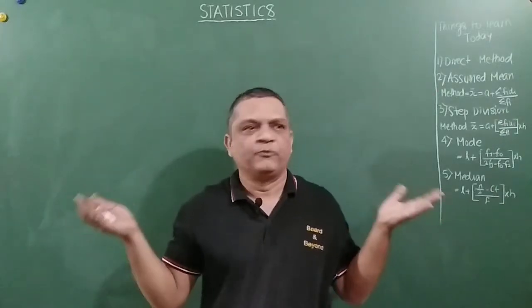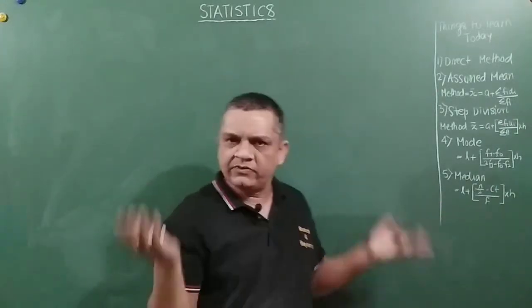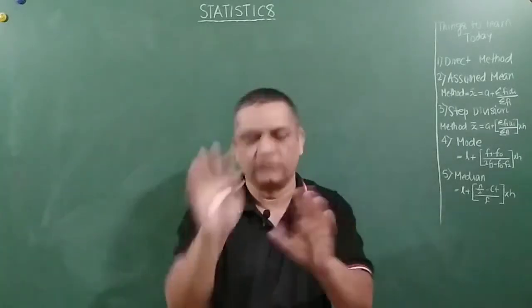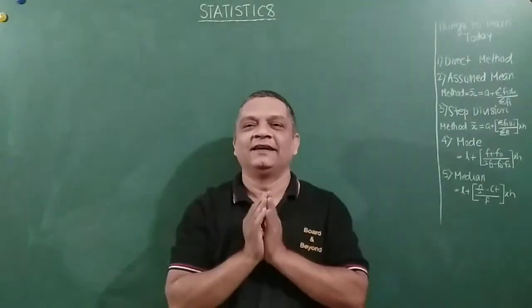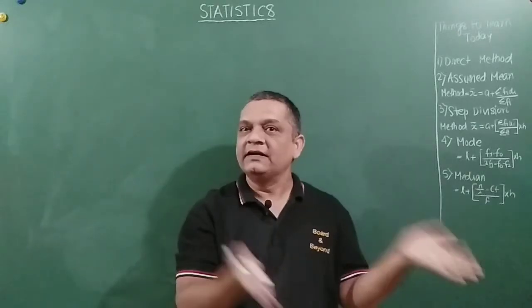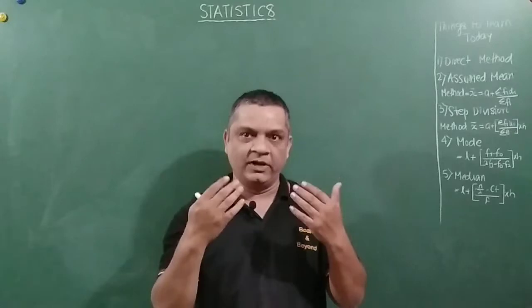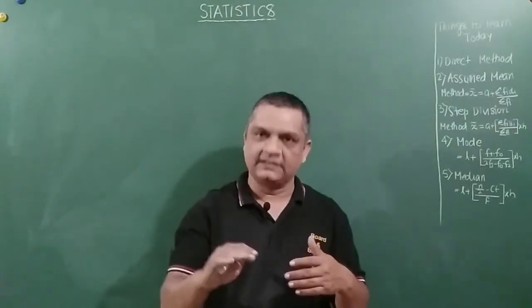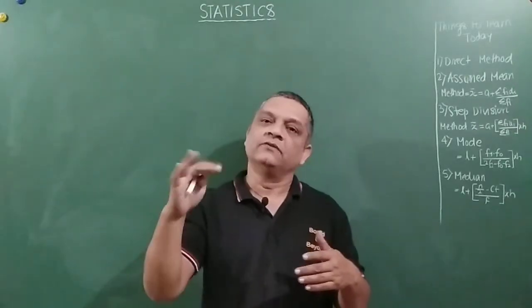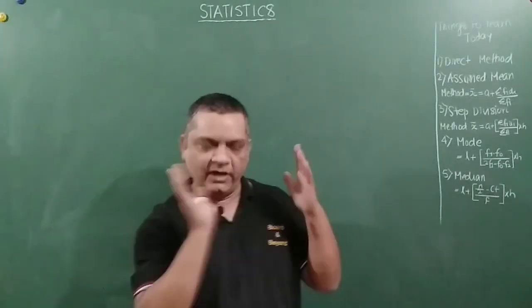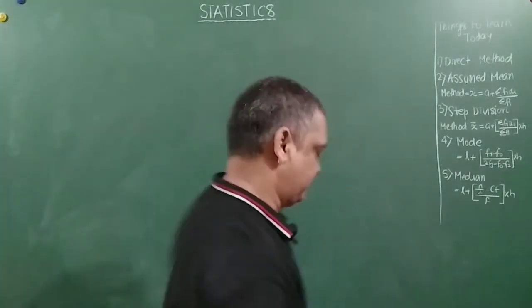If it is an odd number of data, then it becomes very easy: the (n plus 1) by 2th term. And if it is an even number of data, then it is the n by 2th term plus the (n by 2 plus 1)th term, divided by 2. That is the mean of two middlemost terms, right?